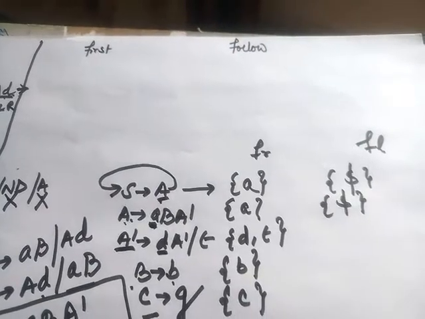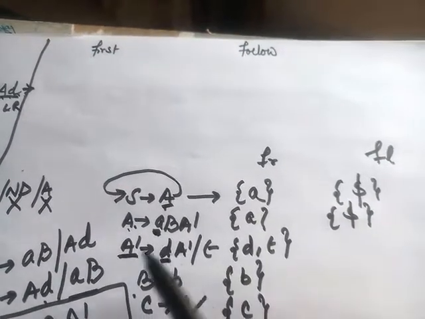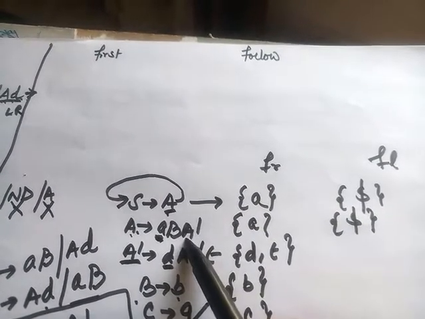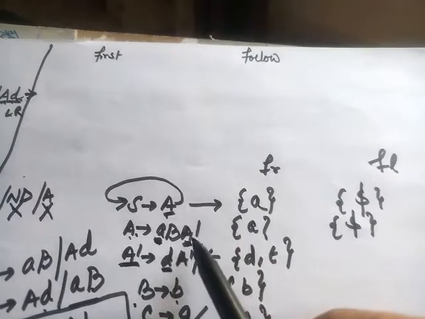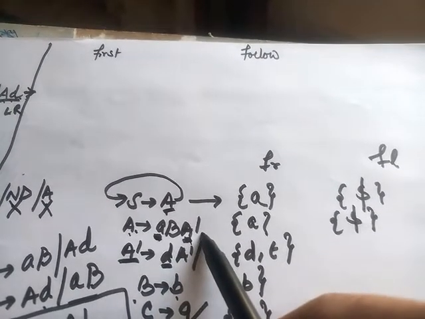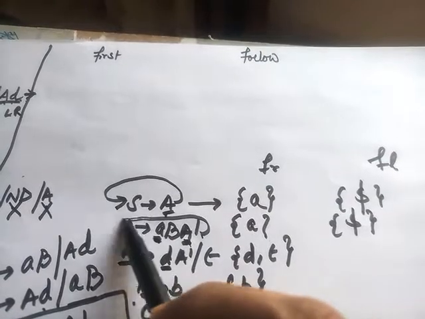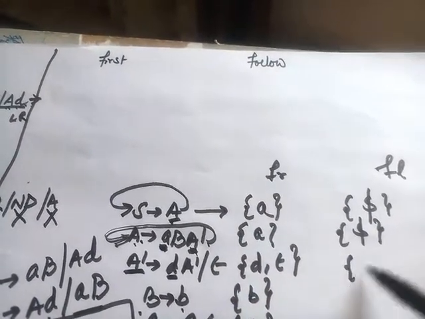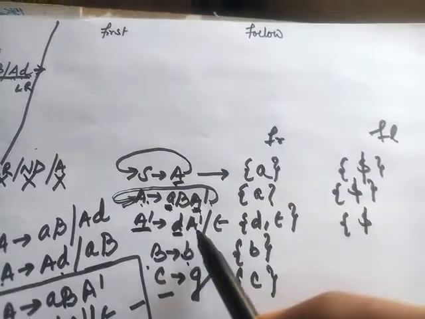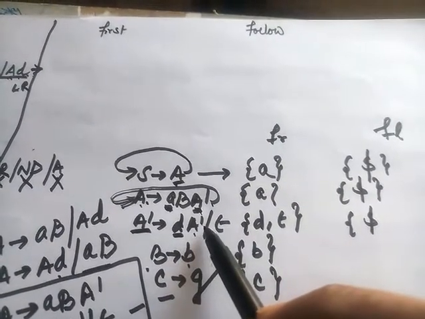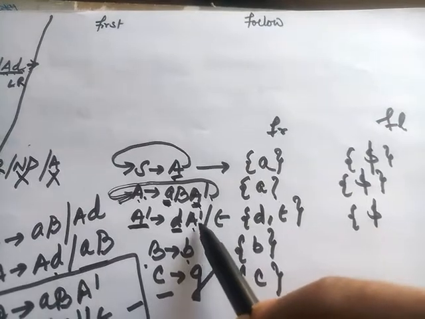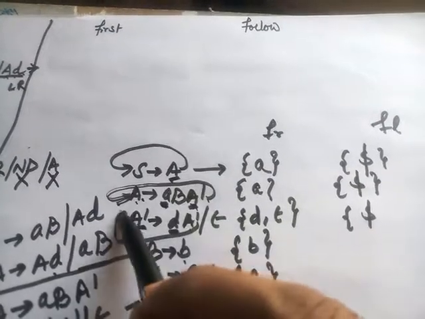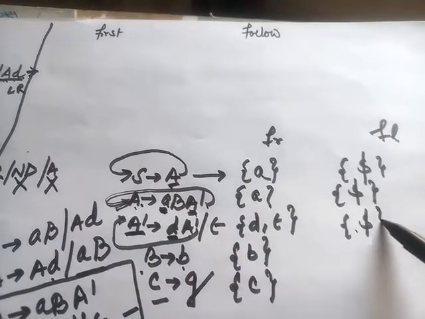Next, follow of A'. What is after A'? Nothing. So follow of A' is follow of A, so it will be dollar. And here also we have A', but after A' nothing is there, so follow of A' is follow of A', which is nothing but dollar.